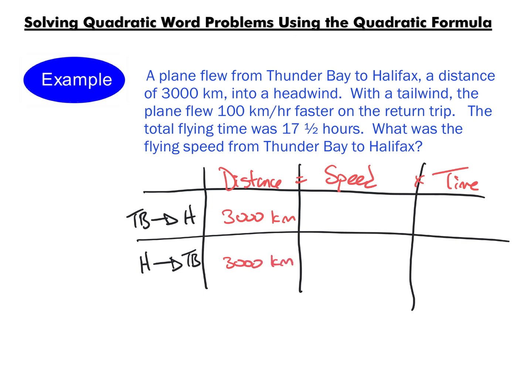The unknown value that we're trying to find in this question is the speed from Thunder Bay to Halifax. That will be our x. What will be our time?